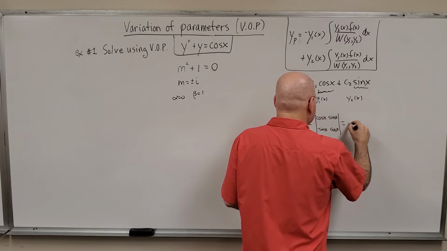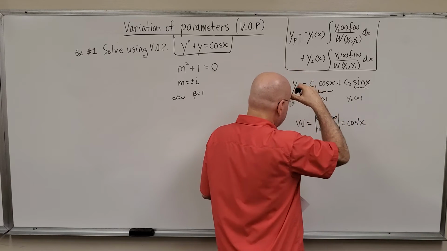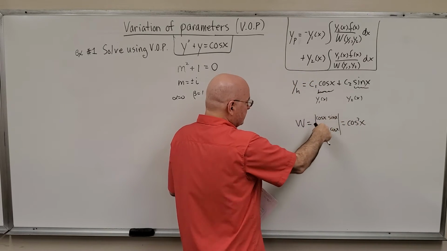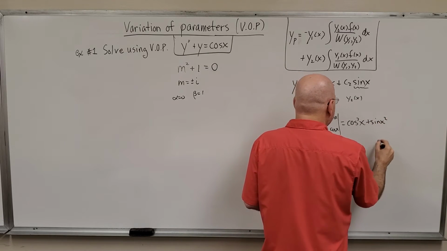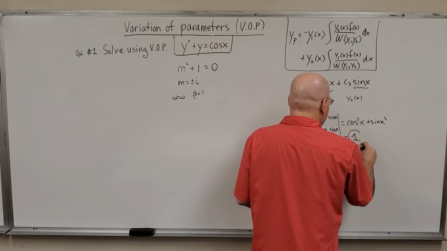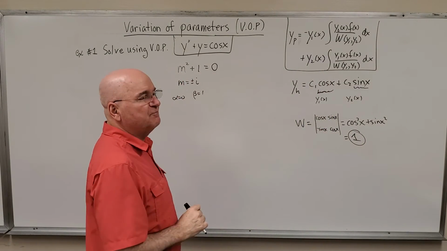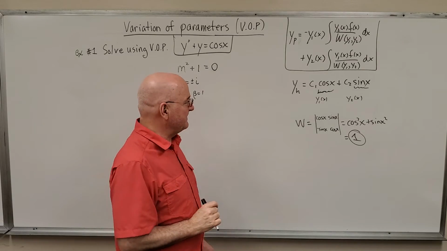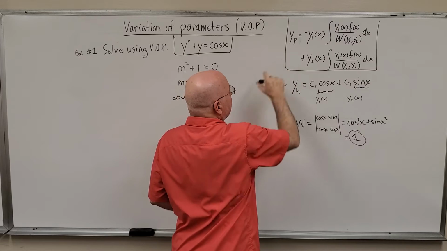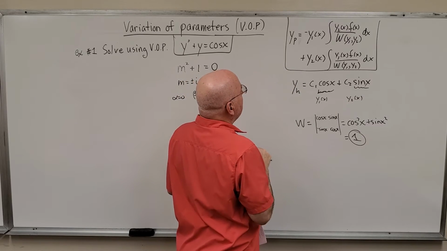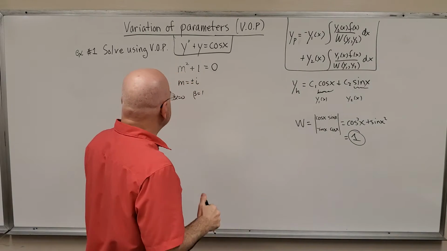So we would get cos squared x minus a negative sine squared x, so that's plus sine squared x. And the Wronskian is equal to 1. Couldn't be much easier than that. Okay, so in our formula, which I wrote up here as a little cheat note, the denominators, the Wronskians, are just going to be 1 in both cases.